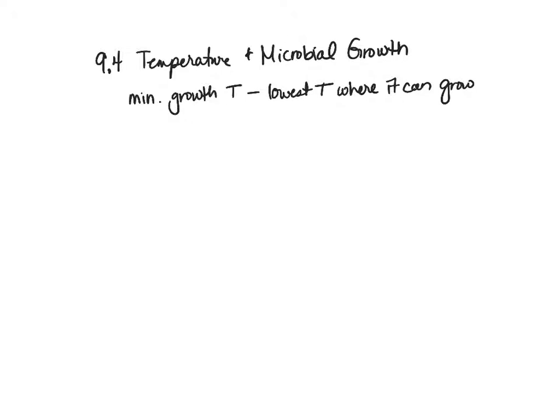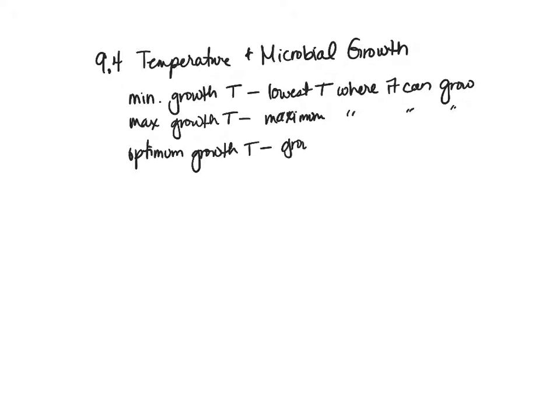And then we have our maximum growth temperature, of course, the maximum temperature where it can grow. And then we have our optimum growth temperature. And this is where our growth rate is the highest.